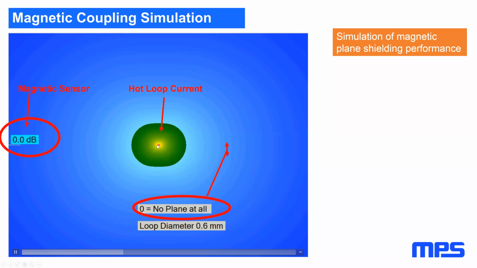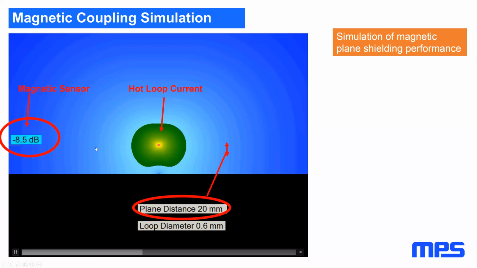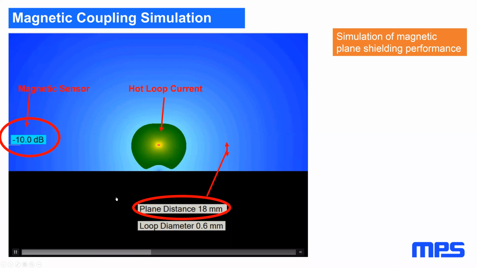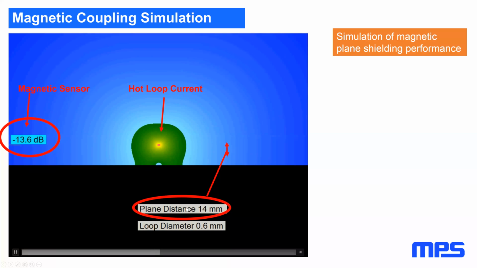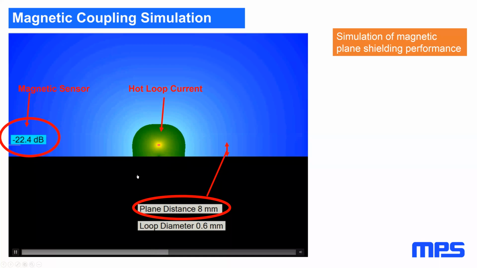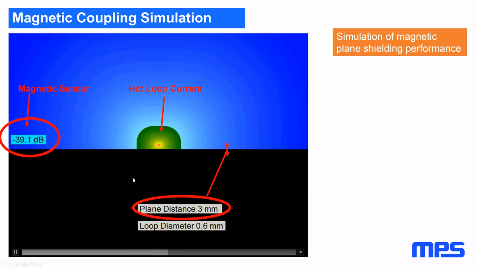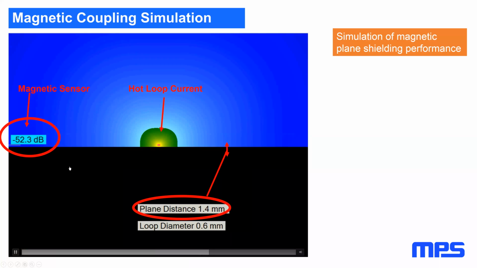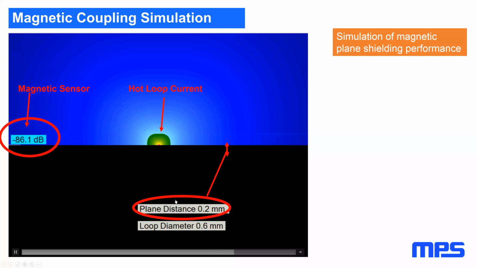And if I move them back to 0.6 millimeter, which is realistic for a hot loop, and I get now my ground plane closer and closer to my hot loop, so here at 2 millimeter, that's a typical situation which I have in a 2-layer board, I get minus 46 dB. If I go with my plane now closer to my hot loop, like 0.2 millimeter, which is typically for a multi-layer, now I get 86 dB attenuation.